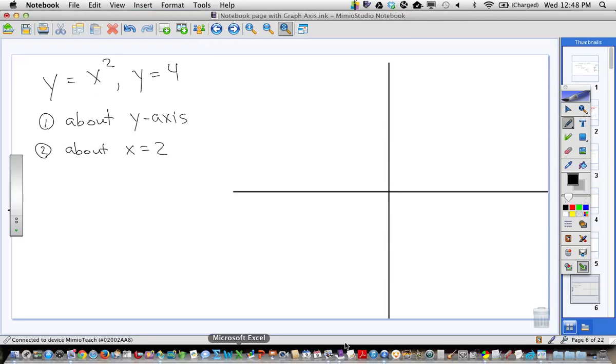So we'll do the first one first and check it over, and then we'll do the second one. The difference is we're just going to revolve the region around a different axis. What we want to do is draw the region bounded by these 2 equations. So go ahead and do that first. Draw the region bounded by those 2 equations.